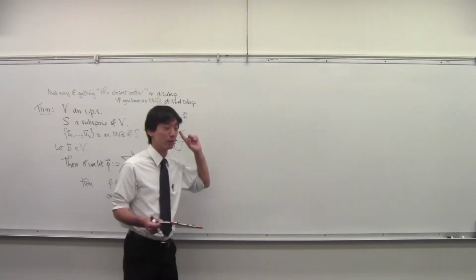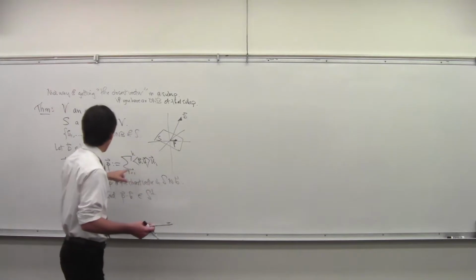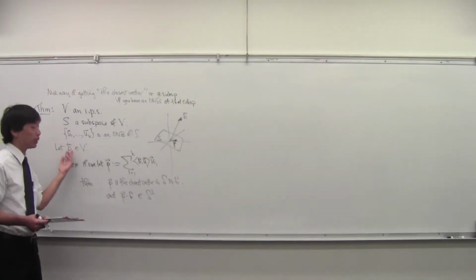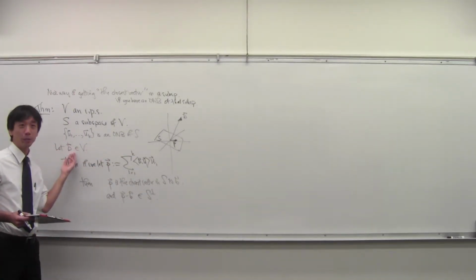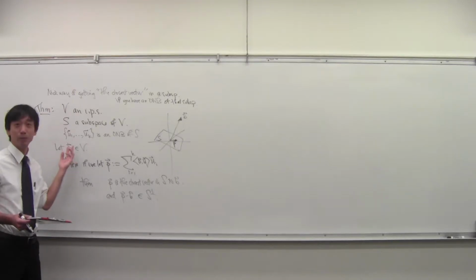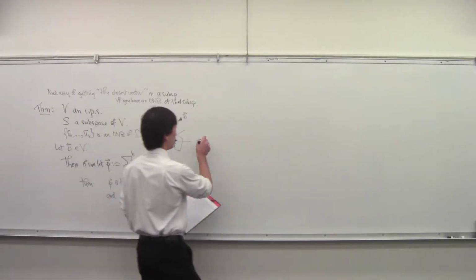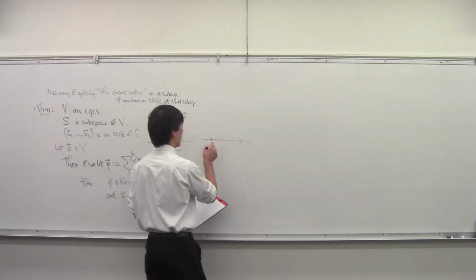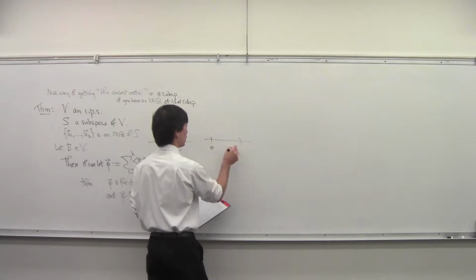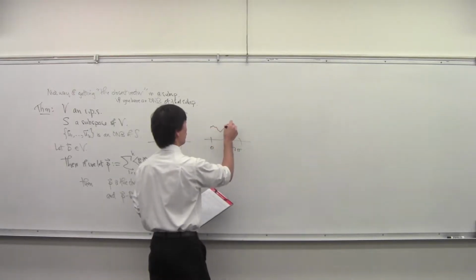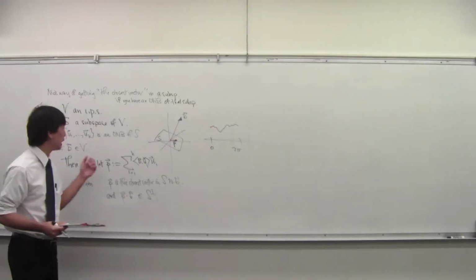You can think of this b as a sound. This b is the sound of my voice over a certain period of time. So you have some period of time, and you have the sound of my voice. That's what b is.